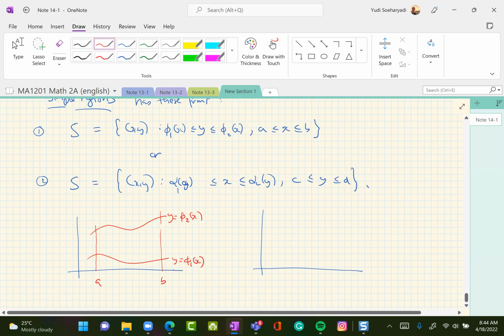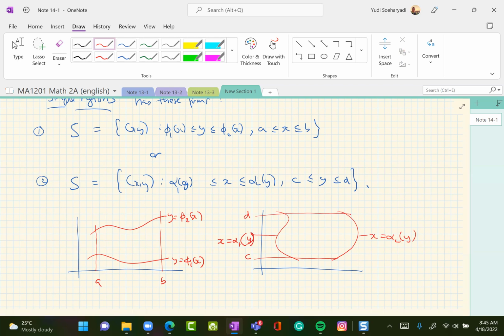In the other case, x equals alpha2 and here you have x equals alpha1.